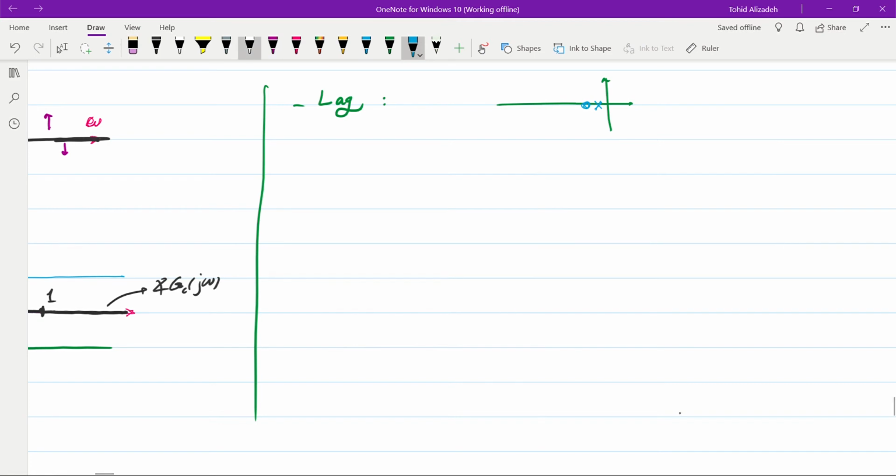So here we will have the controller Gc(s) expressed in the form of alpha times (1 plus sT) over (1 plus s alpha T), where we have alpha bigger than 1.